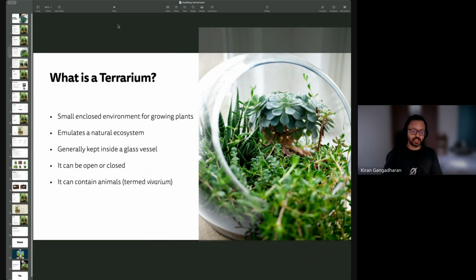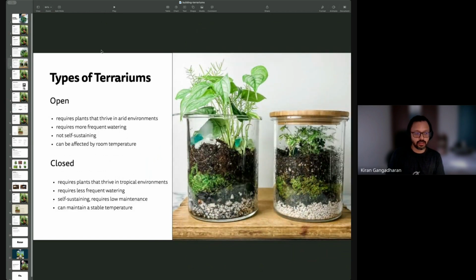And terrariums can be open or closed. So the picture that you see here is of an open setting. And there are definitely differences in how you set things up between an open and closed one, which we look at.